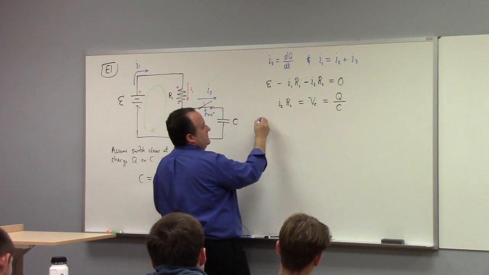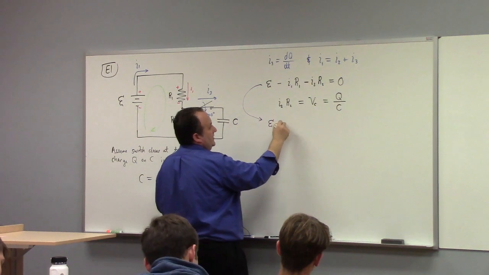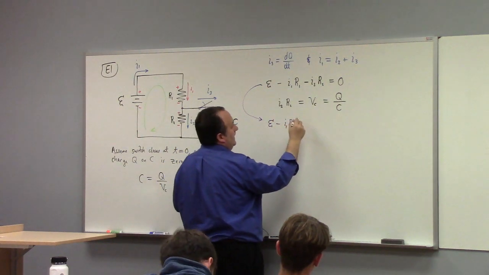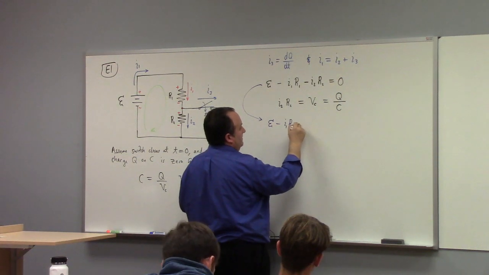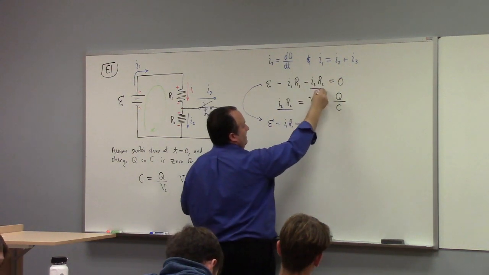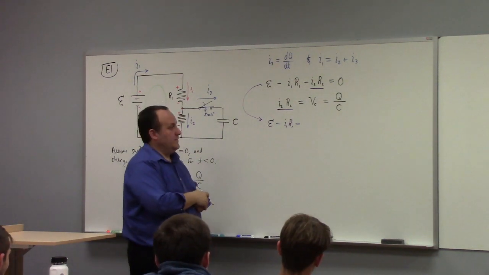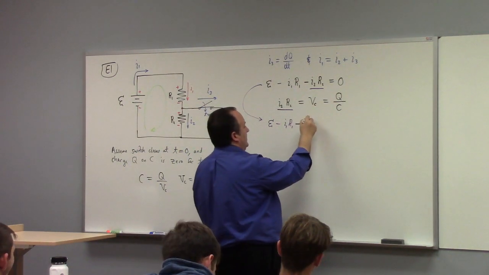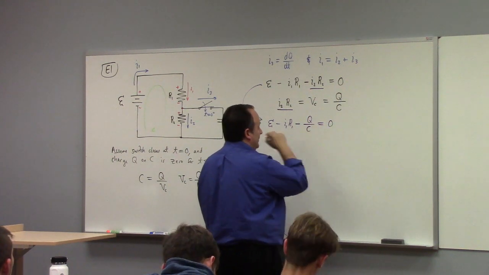So here, I can swap this out for E minus I1R1 minus I2R2. But what is I2R2? It's Q over C, right? So I can just say minus Q over C rather than I2R2.